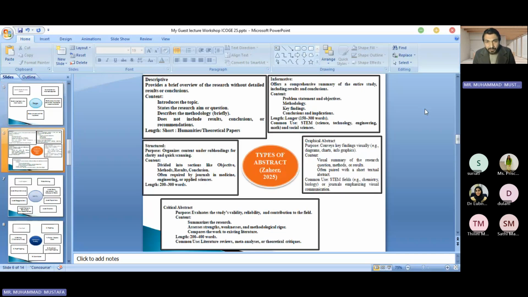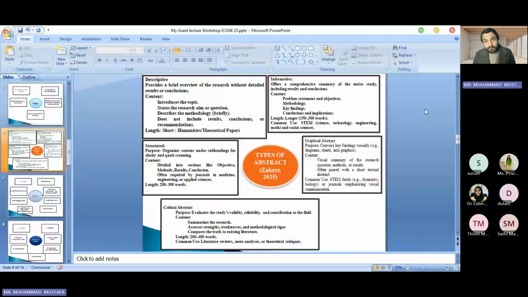Here I have given a few types of abstract, though there may be some other types of abstract, but I have just mentioned the types given by Zahid, as he has mentioned in a recent paper published in 2025.